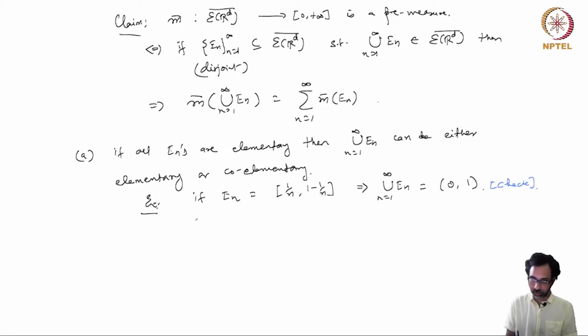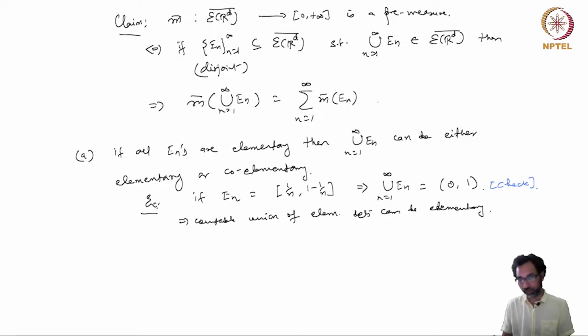So a countable union of elementary sets can be elementary, and of course if you have a countable union, you can make it a countable disjoint union and the sets will still be elementary, and so even a countable disjoint union of elementary sets can be elementary.